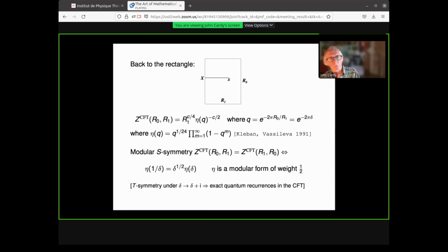Interestingly enough, it also does have a T symmetry, and this is basically, if you now think of R0 as time, and you think of it as real time, that is, you make this ratio, delta, the ratio of the two lengths, imaginary, then the fact that eta is symmetric under T corresponds to the fact that when you compute this and R0 is imaginary time, you are looking at the overlap of a final state with an initial state.